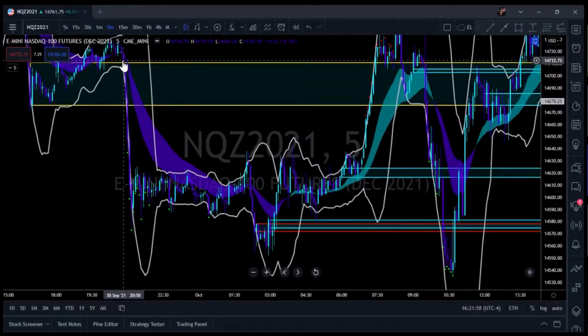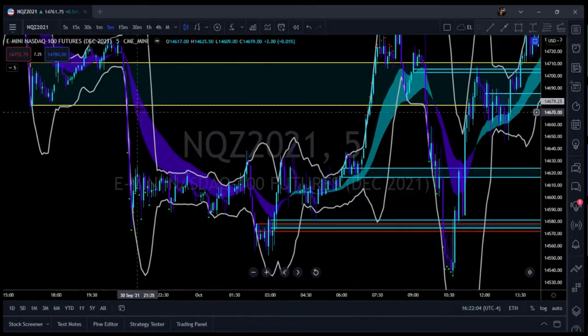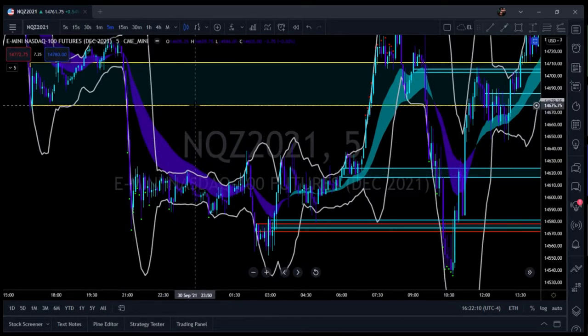Now, you guys also know from some of my other work, I always talk about a retest of something. So if price fell out of this closing range and never come back up to test it, well, likelihood of us coming back to retest this closing range is very, very high.